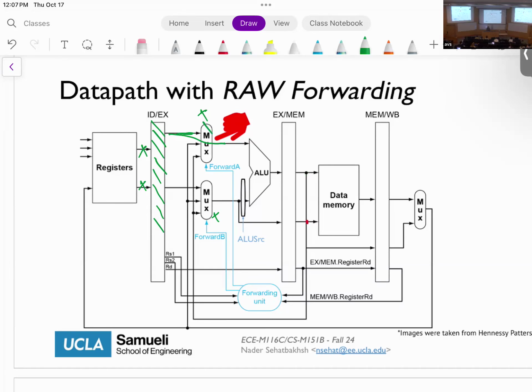Now we are adding these 2 muxes here, replacing the value of RS1 and RS2 with those values. In order to decide when we should do this, we have this additional control logic called the forwarding unit that decides whether the condition for forwarding is applicable in this particular scenario or not.